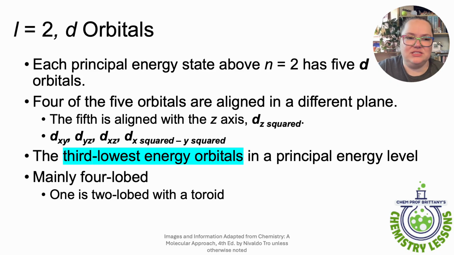And there's a picture on the next slide. But they are the 3rd lowest in energy level, so in any principal energy level, n equals 3, n equals 4, n equals 5, it's always s, p, d in that order. They are mainly 4-lobed, but they do have one that's 2-lobed with a toroid, which is like a donut.